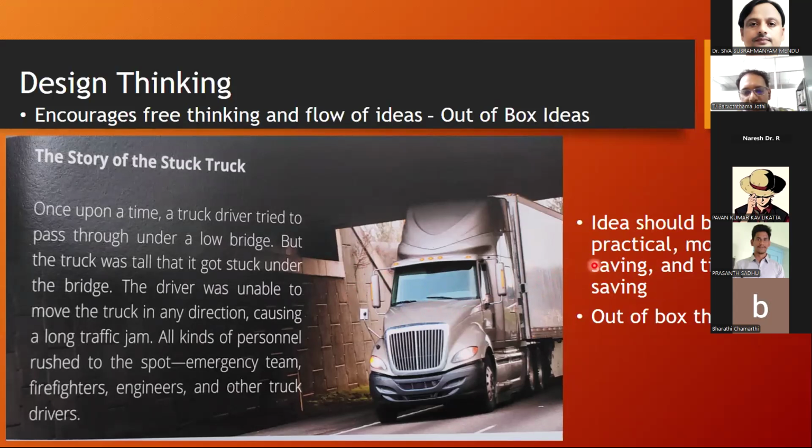But one person came up with a very simple solution based on his critical thinking. I hope many might have gone through such critical thinking exercises. What he suggested was to lessen the air in the tires and decrease the height of the truck, so that the truck can easily pass under the bridge.